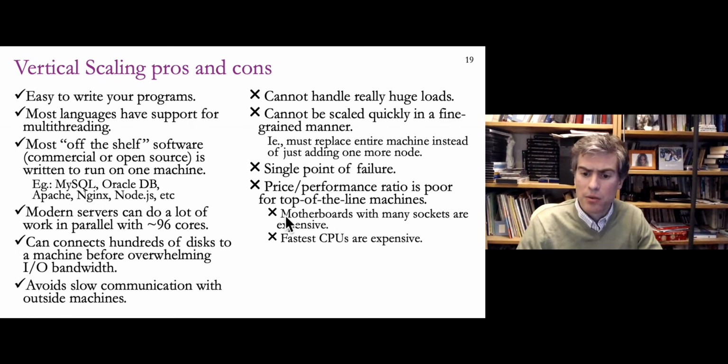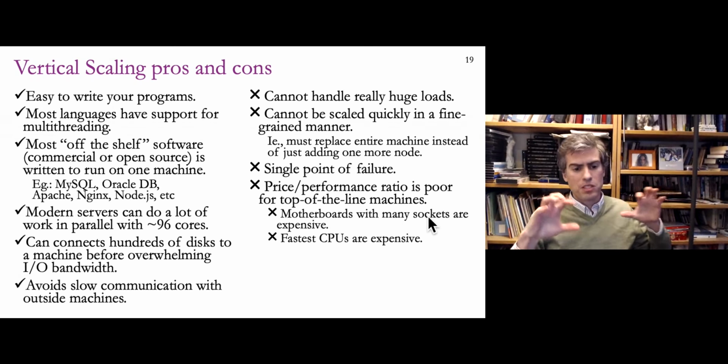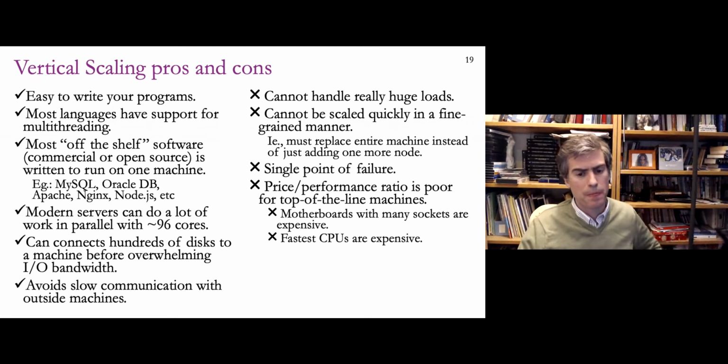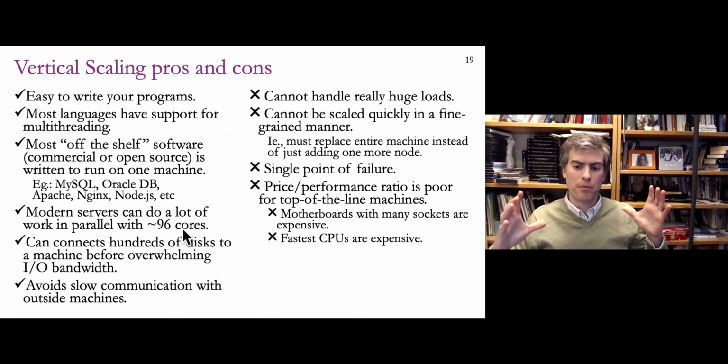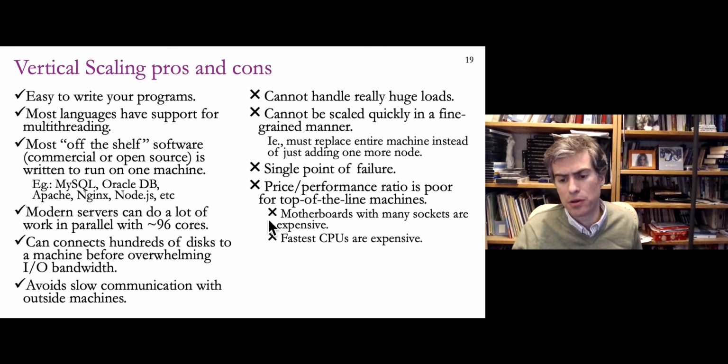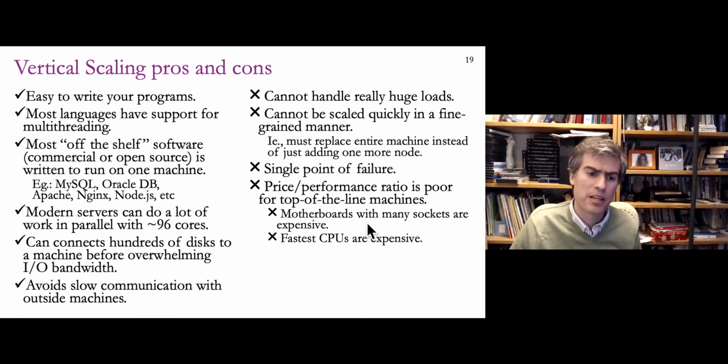In addition, the motherboards that support lots of sockets, to have lots of CPUs in one machine, like the 96 cores in one machine is actually multiple CPUs on a dual or quad CPU motherboard. Those motherboards are expensive. So the price performance ratio is kind of poor for top of the line machines. In some sense, if you can split it up, you might save money at some point before you reach the limit of vertical scaling.